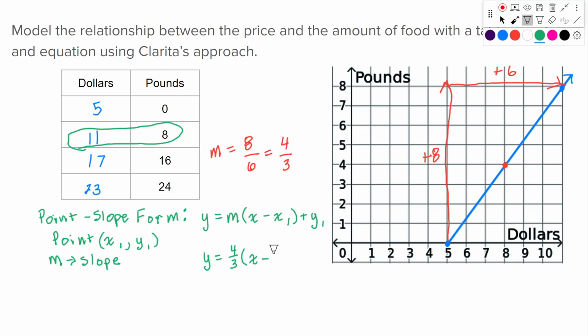So x minus 11 plus 8. And I'm not going to distribute this because it's just going to give us a bunch of fractions, and it's not going to look real pretty when we simplify it. And because this is a form for the equation of a line, we can keep it in this form.